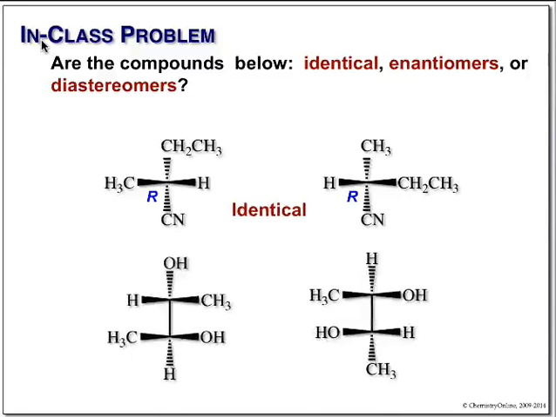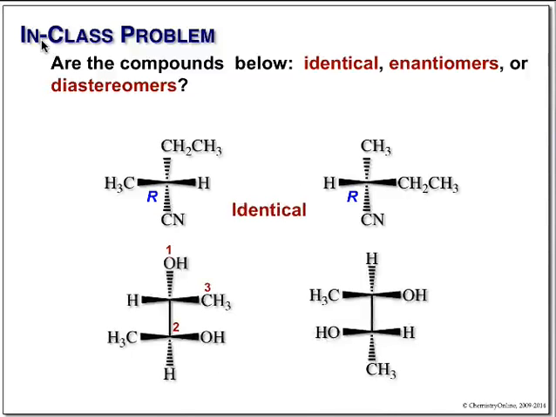There are two more, same question. Now we have two chiral centers, so they could be diastereomers. Our first one, hydroxyl is number one, the secondary carbon, then the methyl. Hydrogen is forward.